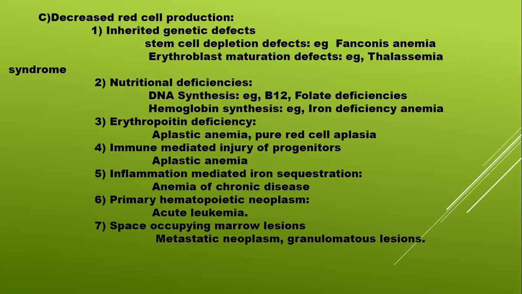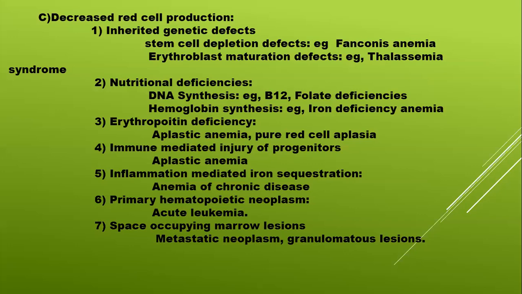Now, decreased red cell production. Number one, inherited genetic defects, stem cell depletion defects in Fanconi's anemia, erythroblast maturation defects in thalassemia syndrome. Nutritional deficiencies are also responsible for decreased red cell production.